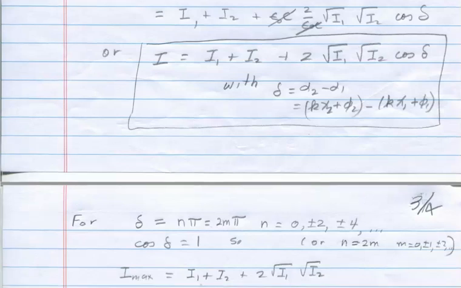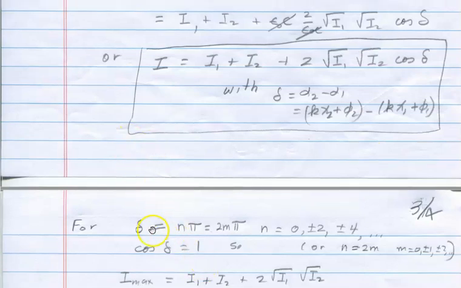If we take a look at it, there are some pretty obvious things. If it happens that delta, when you compute it, assuming we know all of these factors, is equal to an even multiple of pi, so if n is 0, plus or minus 2, plus or minus 4, then the cosine of delta will be 1.